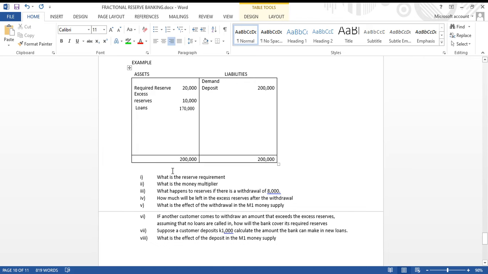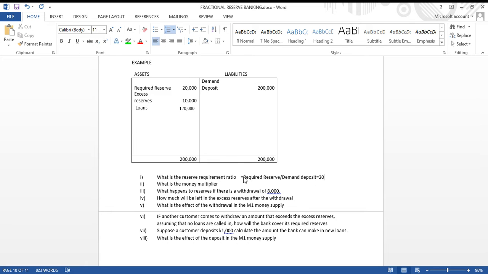All right. So the first question is, what is the reserve requirement ratio? To find the reserve requirement ratio, we're going to get our required reserve and divide it by our demand deposit. Okay. All right.